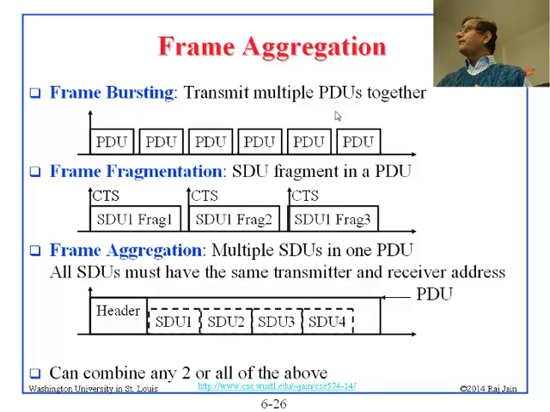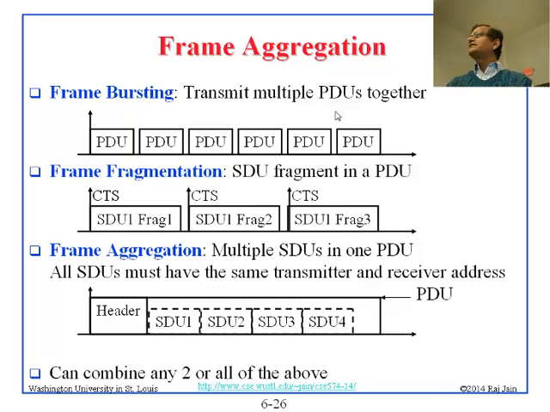Interesting thing is you can combine all of these or 2 of these. So how can you have bursting with aggregation? Can you think about how can you have aggregation with bursting? Can you do both? Right, you have lots of tiny stuff, put them into a PDU and take lots of PDUs and send them one after another. Right?